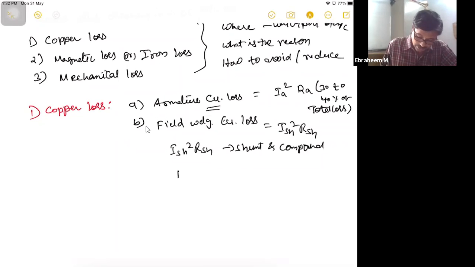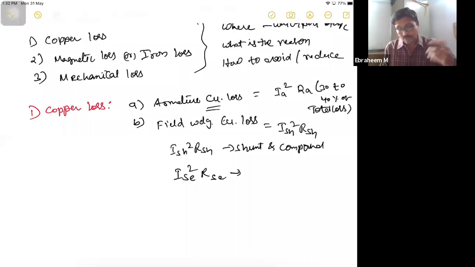In a series machine, the winding which we use as the field winding in a series generator is in series with the armature. So its resistance is Rse.